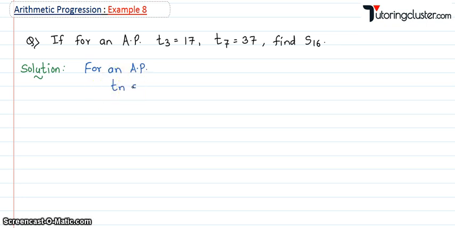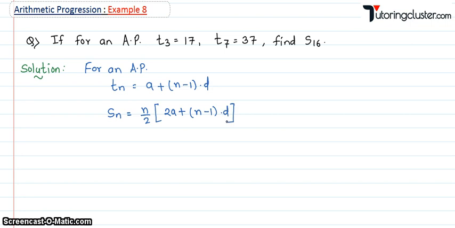Nth term. How do we write the nth term? The formula is a plus (n minus 1) into d. And Sn, that is the sum of the first n terms, how do we write it? n by 2 in bracket 2a plus (n minus 1) into d.